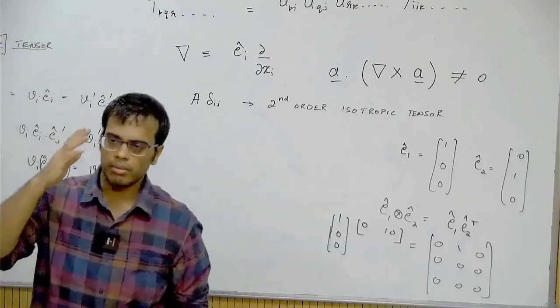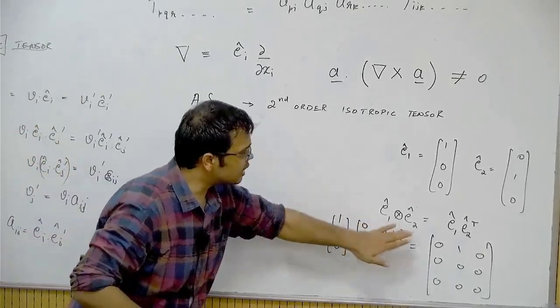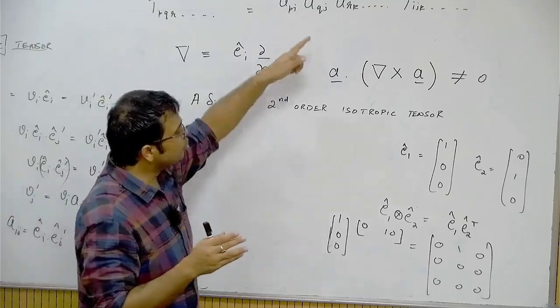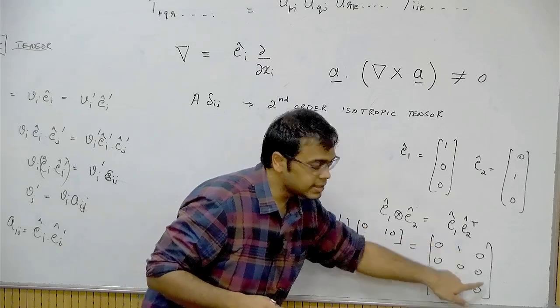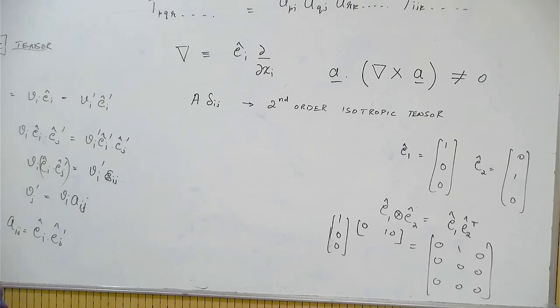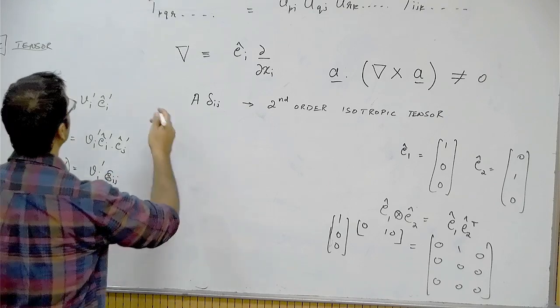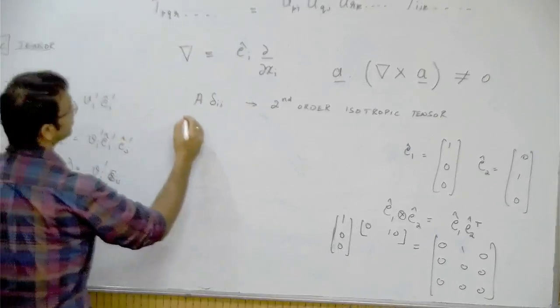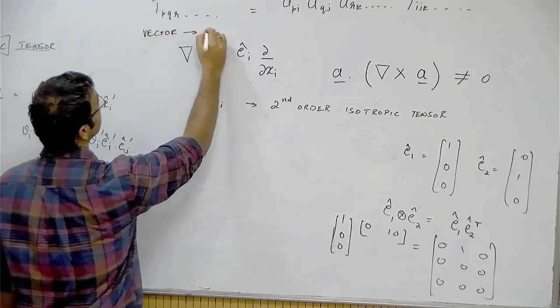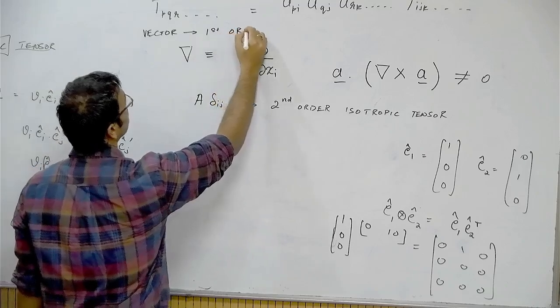So you can imagine that this e1 tensor e2 is using the ones and zeros to define a general second order tensor. Okay. How do we define a first order tensor, which is a vector, by the way? Vectors are first order tensors.